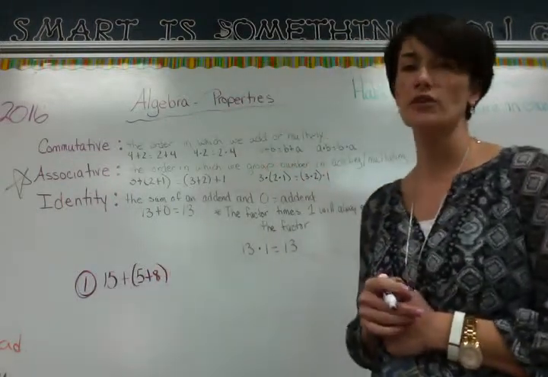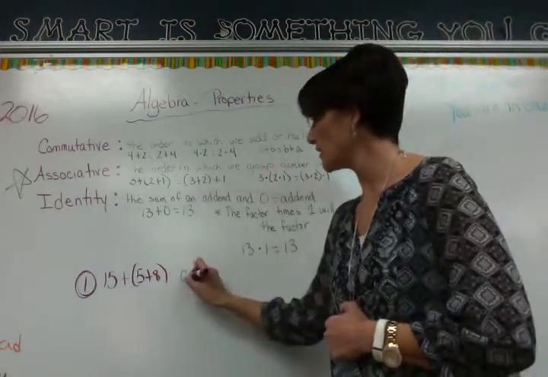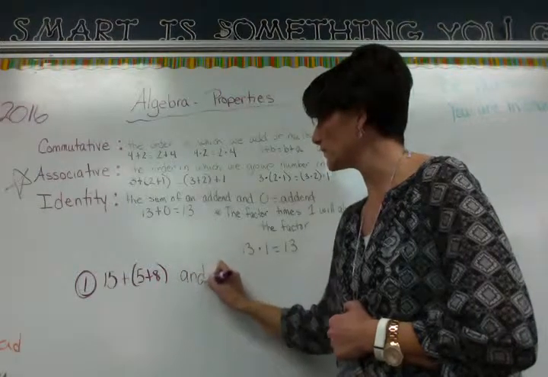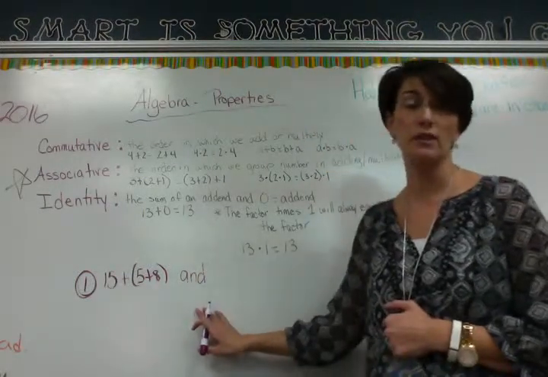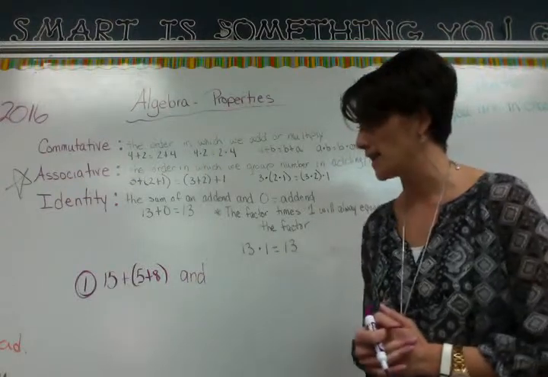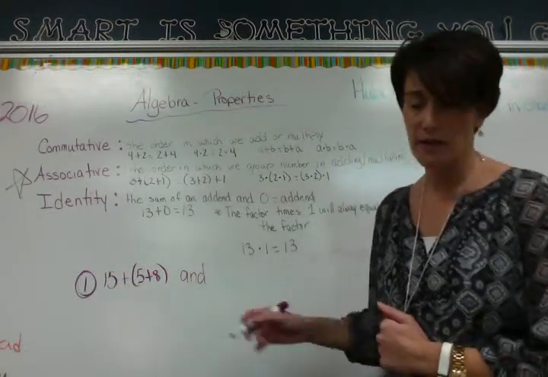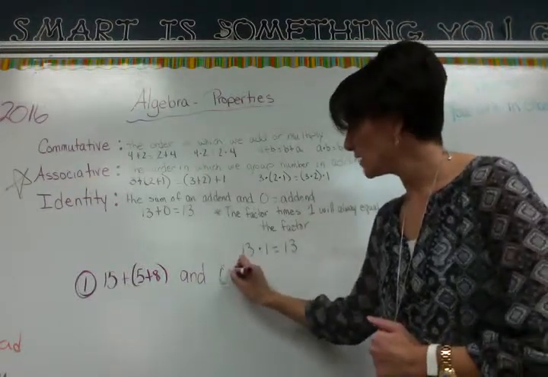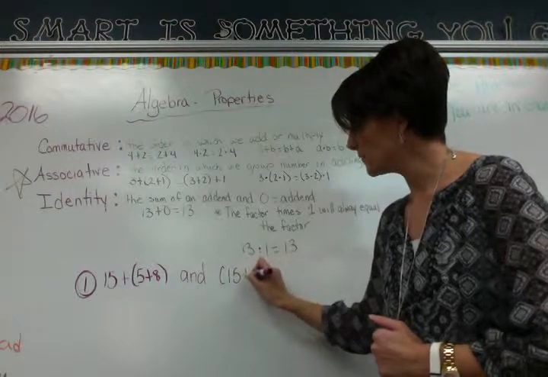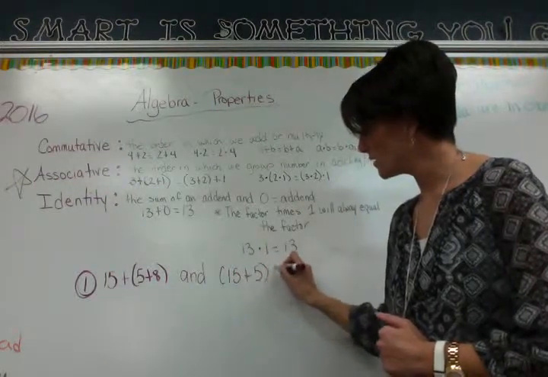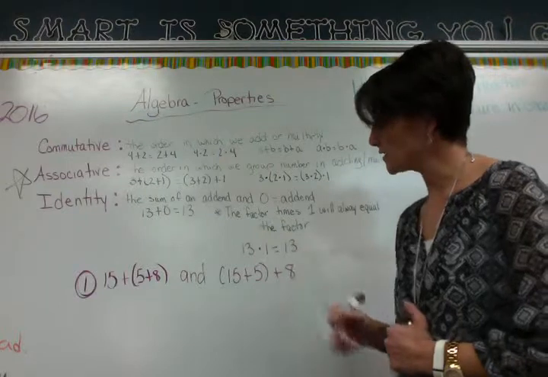So that would be our first equation. Our second equation is this. So we sometimes see the word and, or sometimes we'll see the word equal. In this case, we'll just use the word and. The other equation they're going to give us is, in parentheses, 15 plus 5, plus 8.